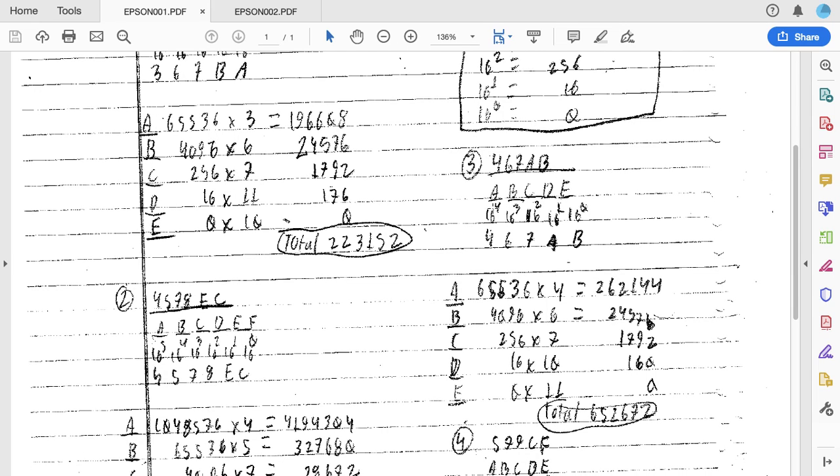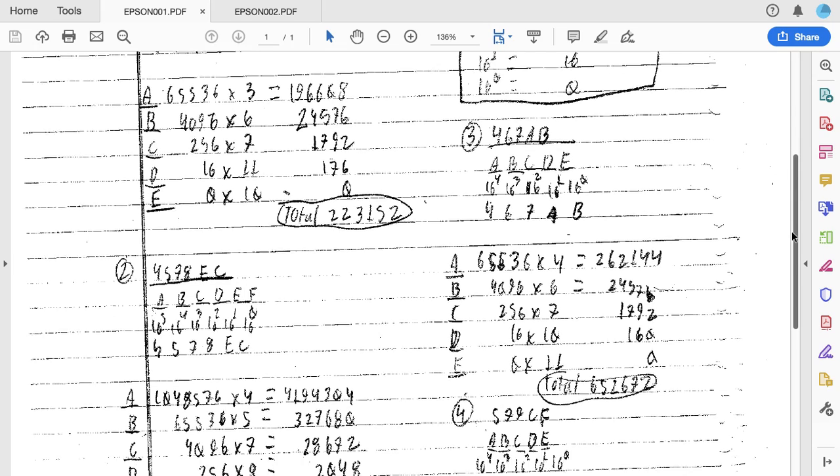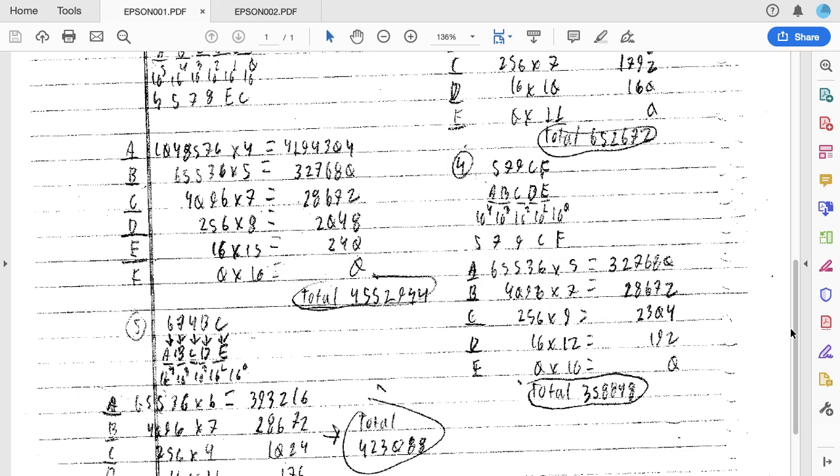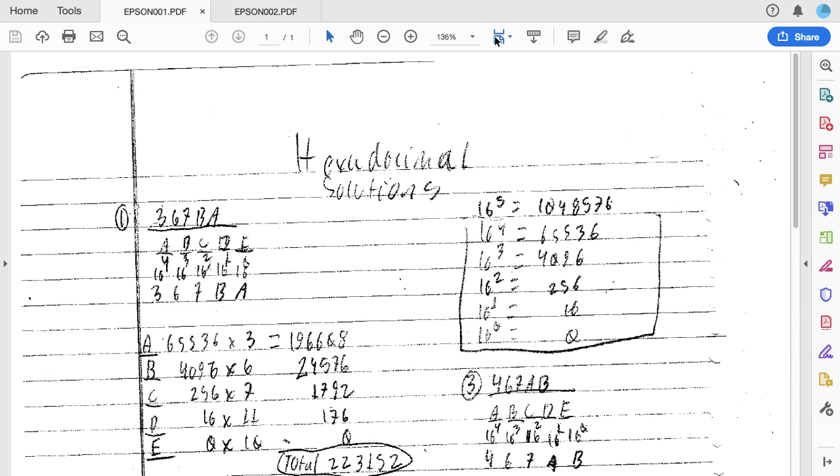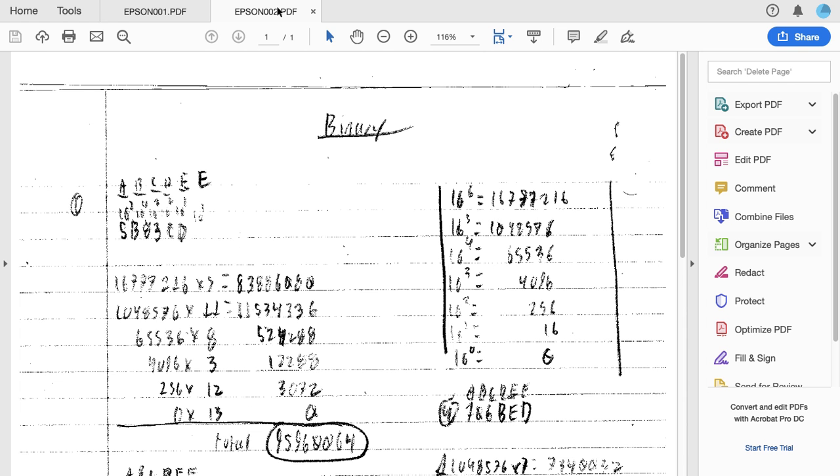Get the character, match it up with the exponent, multiply exponent by character, get the results, add everything up, then get the answer. Right here. As you can see, exact same format. Even in the next one I'm about to show you. Let me pull it up real fast.